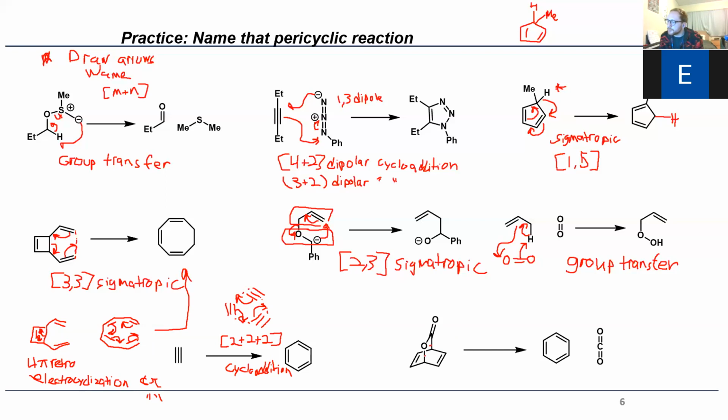So let's bring these up here. It's making a carbon-oxygen double bond, pushing down to make a carbon-carbon double bond, and pushing this way to form a carbon-carbon double bond. And so this is a 4+2 retro cycloaddition, or a retro 4+2 cycloaddition.